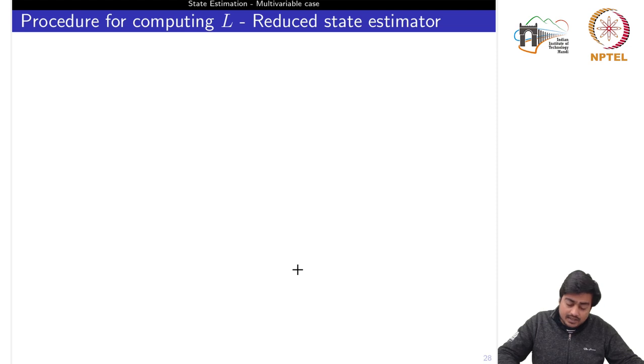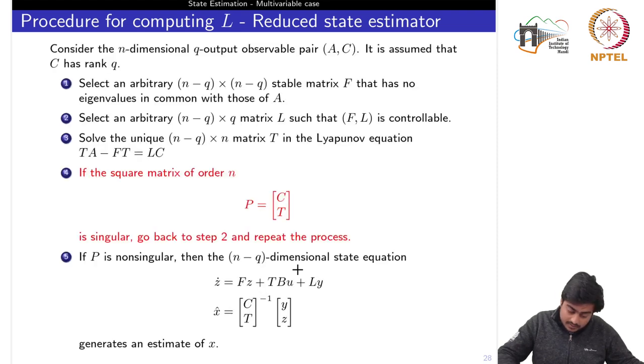There is a slight change in the reduced state estimator, which we can see. So we won't be discussing the design procedure of the full order state estimator, which you can do by using either of the methods, that is eigenvalue assignment or the Lyapunov equation method. So here we would see the reduced state estimator.